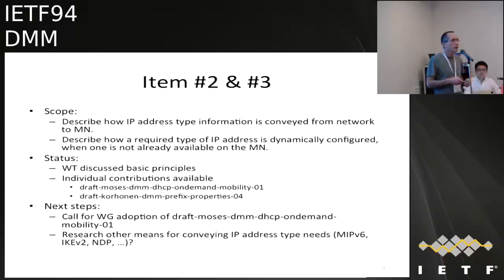Revision 01 is the new revision, which was ready already for the previous face-to-face, and I didn't receive additional inputs on that. So I'm assuming that it's okay to be adopted by the working group. So I would like to ask the working group to adopt this draft.